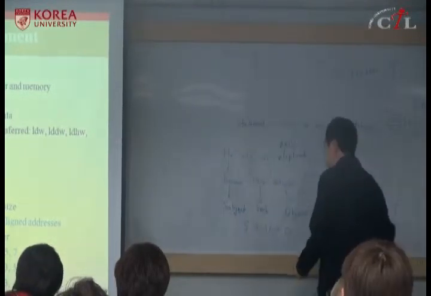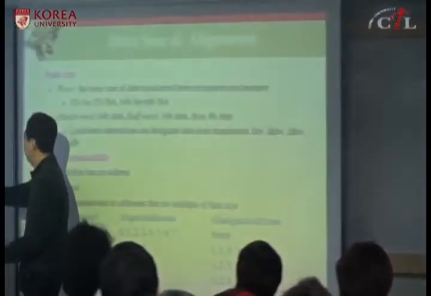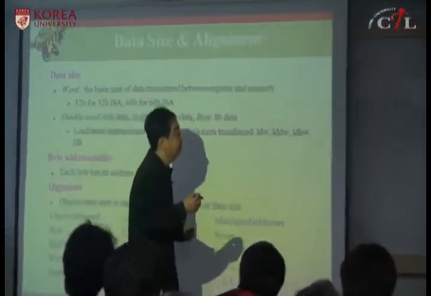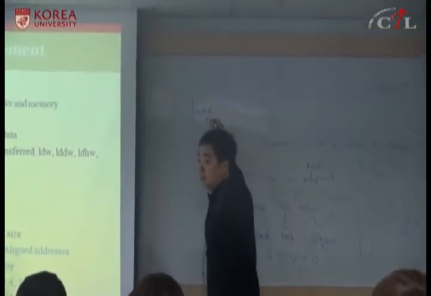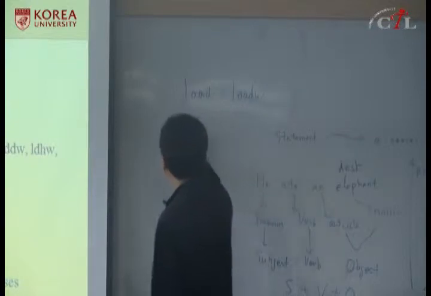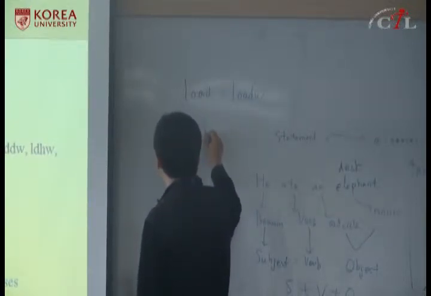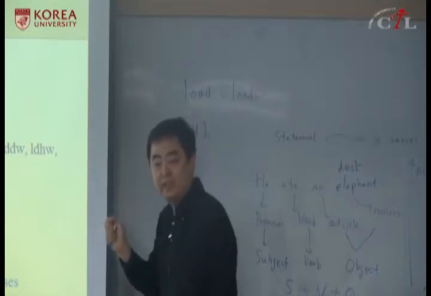So the load instruction sometimes has to specify the data size. If you do a load, it means load word. But you can do maybe load byte. It means you copy just a single byte.